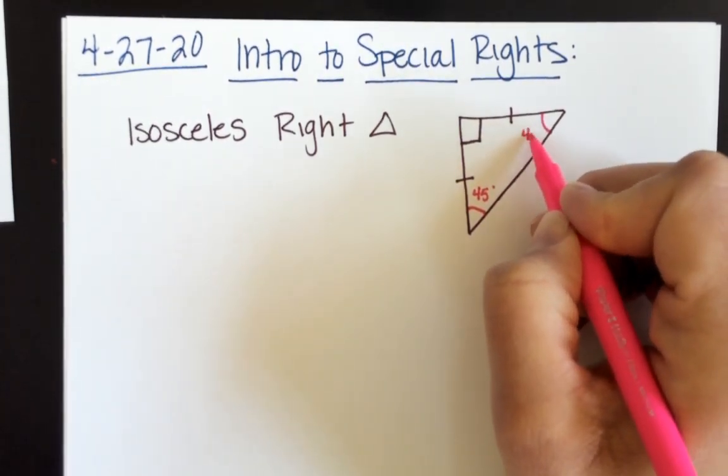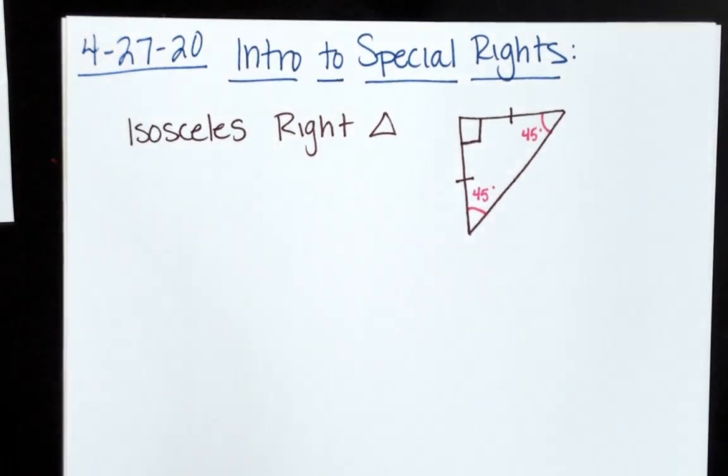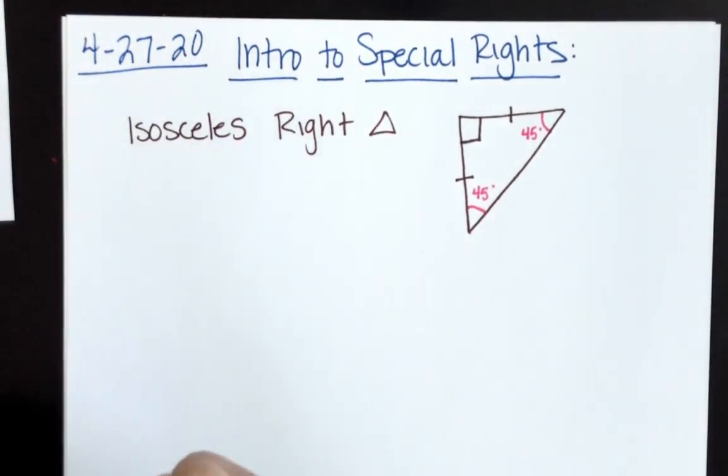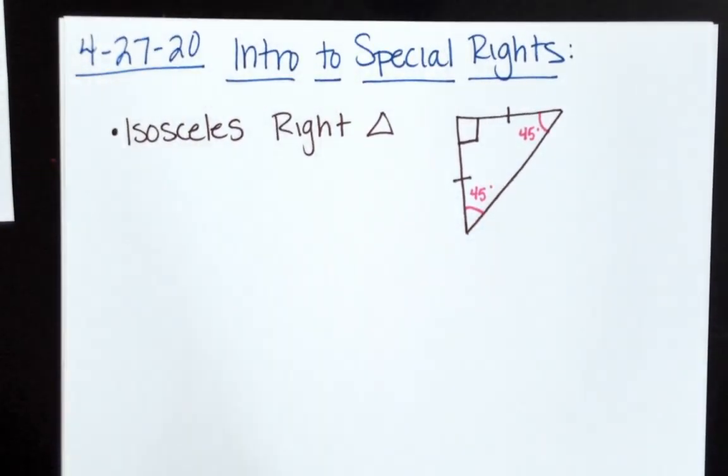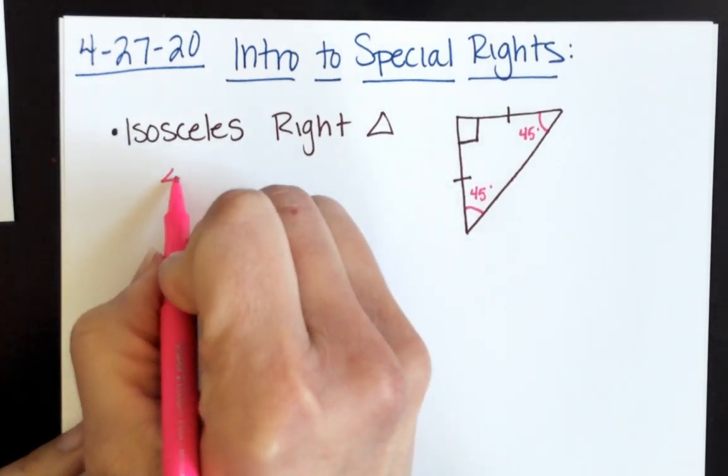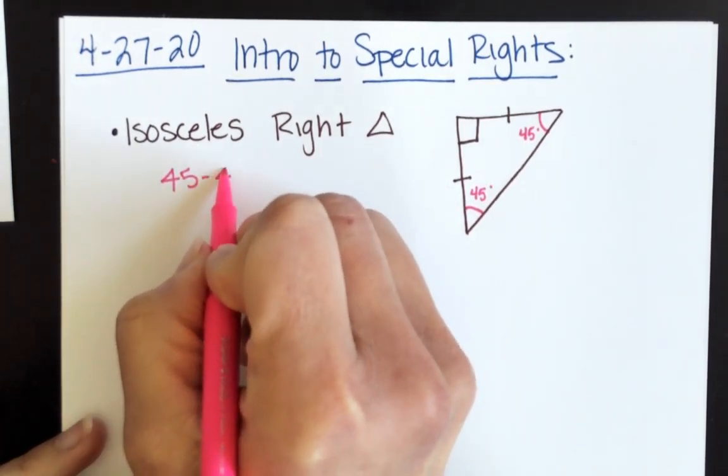So a lot of times, instead of calling it isosceles right, or right isosceles, which is typically the way it should be said, you'll see them called 45, 45, 90.